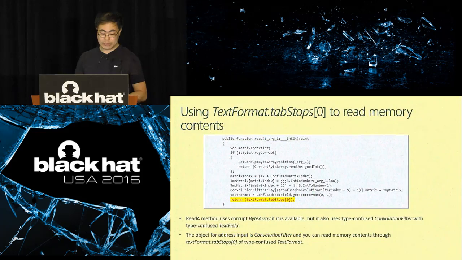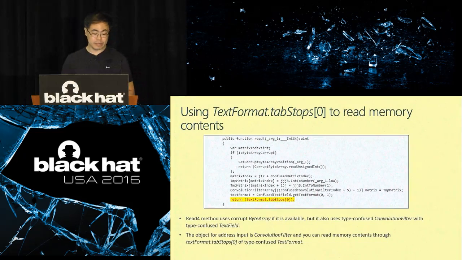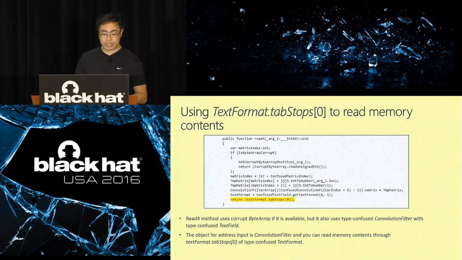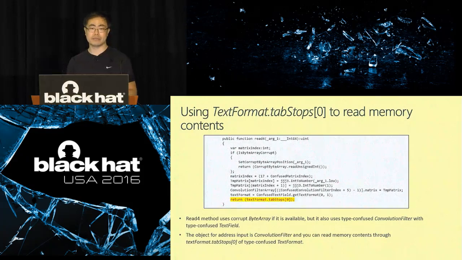But when it reads, you just pass some address to the convolution filter object, and you can read out the actual memory from the TextFormat tabStops element 0 from the yellow background line there. So it looks like the convolution filter matrix will override some address field in the internal structure, and it will make reading any process memory possible.